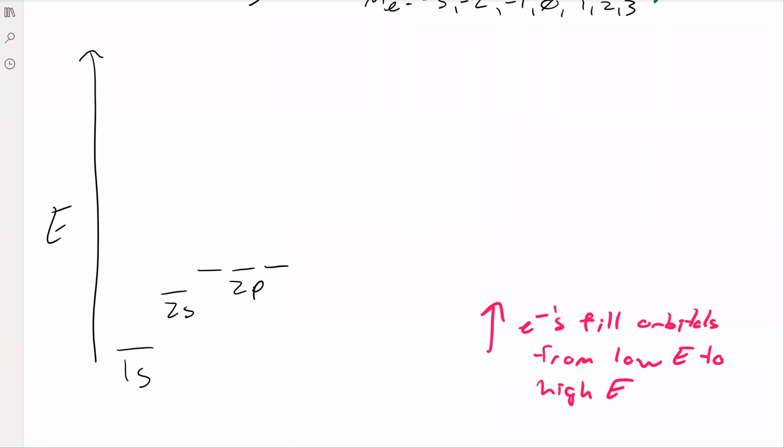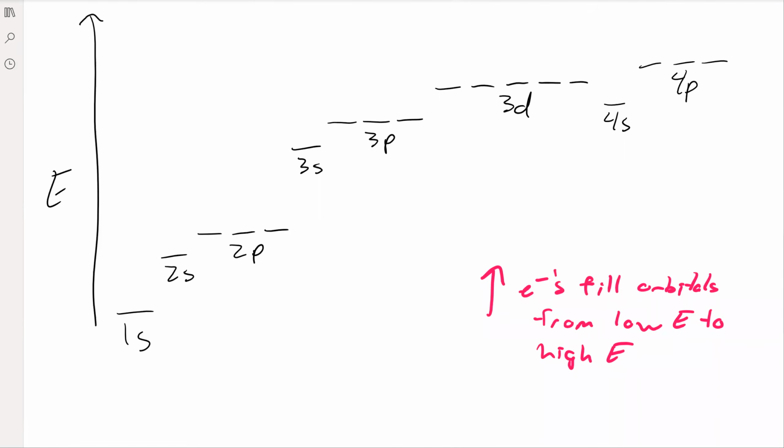Note that there are 3 different 2p orbitals. Then after that is the 3s, then the 3p. There's 3 of those. And then the 3d. There's 5 of those. And that's where it gets a little bit weird. The 4s is actually going to be lower in energy than 3d. The 4p will be above it. And you don't have to memorize this or anything. We're going to learn how to read the periodic table, which contains all of this information.